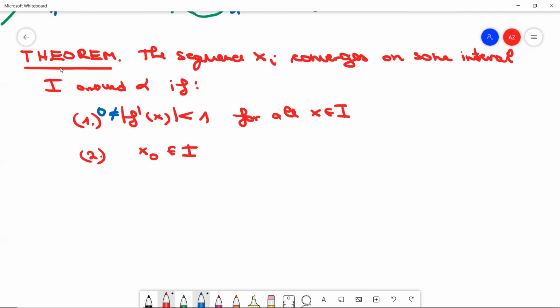However, it could be difficult to find it. It might not be easy to estimate the absolute value of the derivative for all points on some interval, but at least we know that it exists. And if we choose our approximate near enough to the actual solution, then the Newton method will converge.